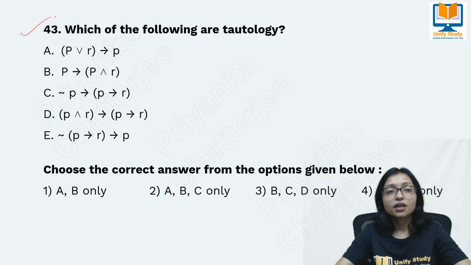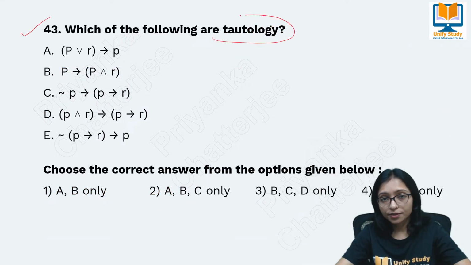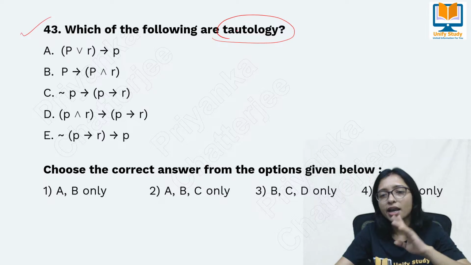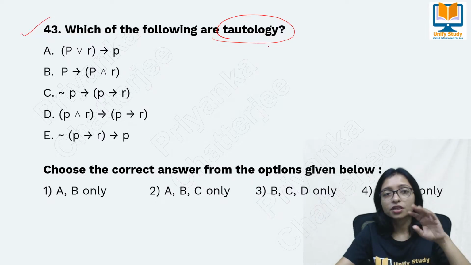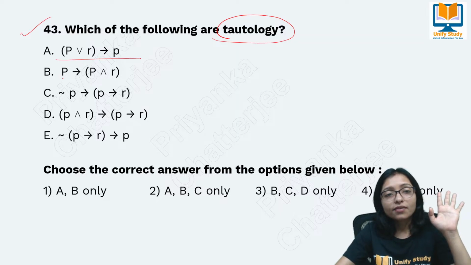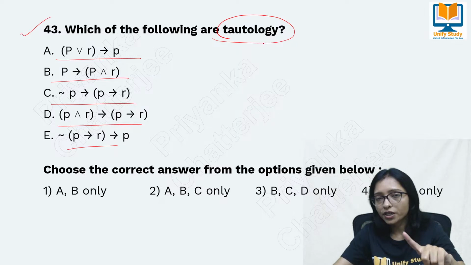Now tell me, what is tautology? Very, very important here. You need to understand what is tautology. So many times they ask questions about tautology. Tautology is simple. Whatever expression is given to you, you need to solve the expression.